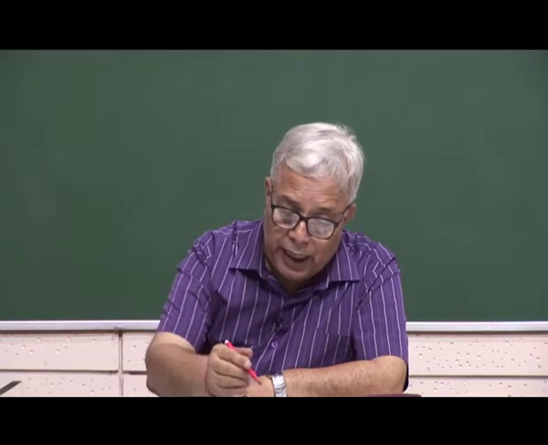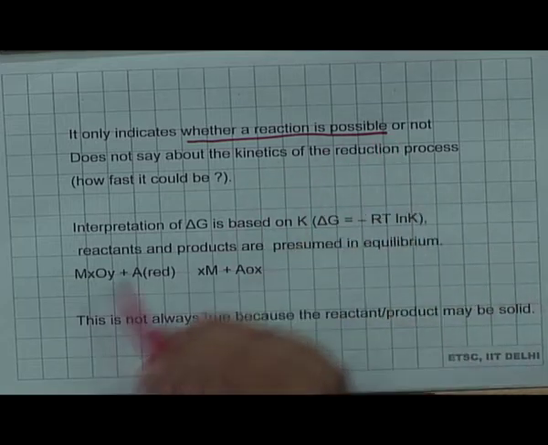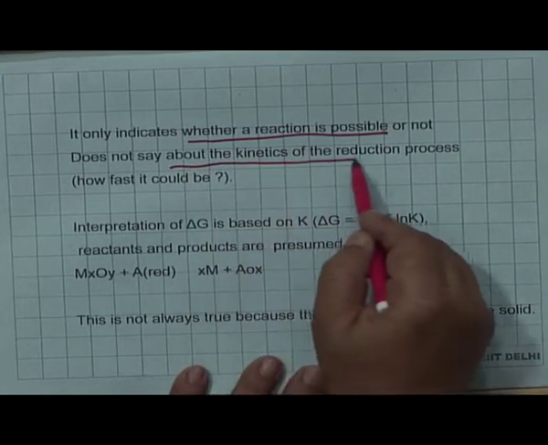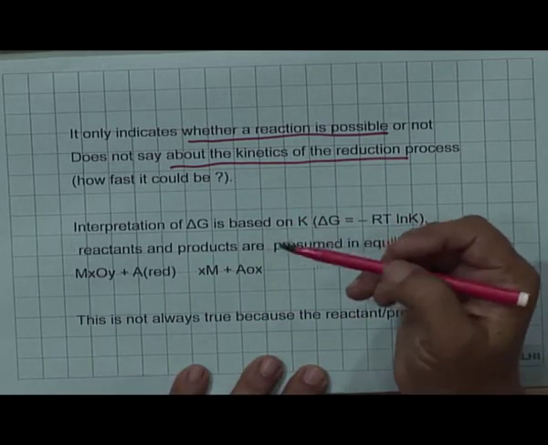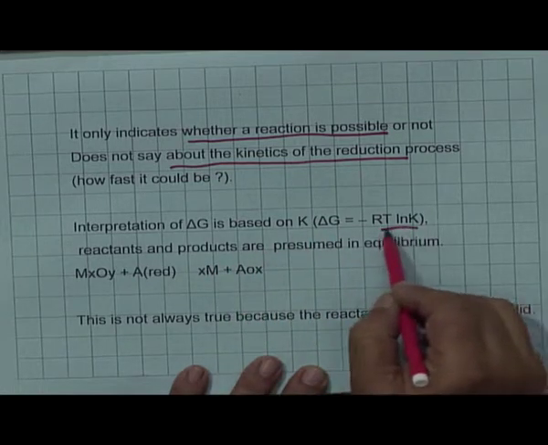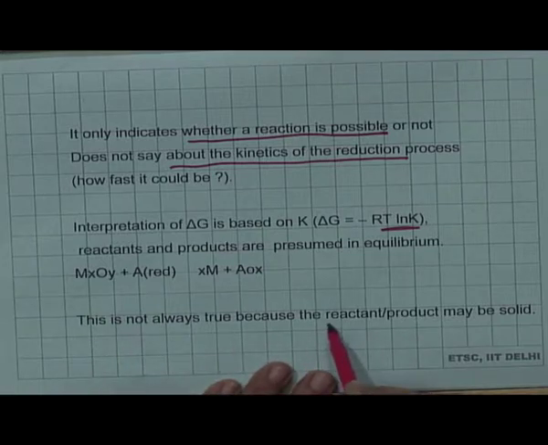So, let me point out in a nutshell that Ellingham plots only indicate the possibility of the reaction. It does not tell how fast the reduction will be if it is thermodynamically feasible. Second, this plot is based on the assumption that there is an equilibrium between reactants and products. This may not always be true because reactants and products may be solid.